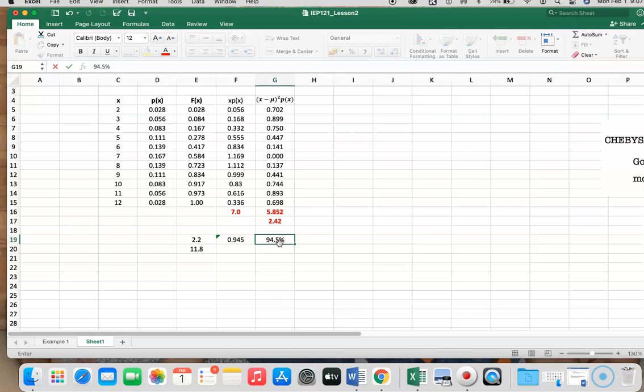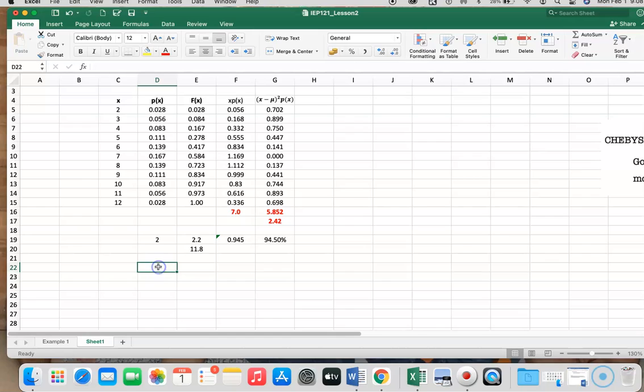And it agrees with Chebyshev's theorem, that if our k is 2, at least 2 standard deviations from the mean, there will be at least 75%. 94.5% is more than 75%.